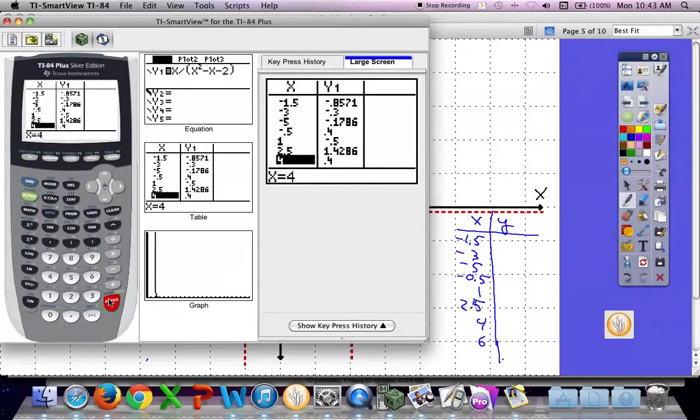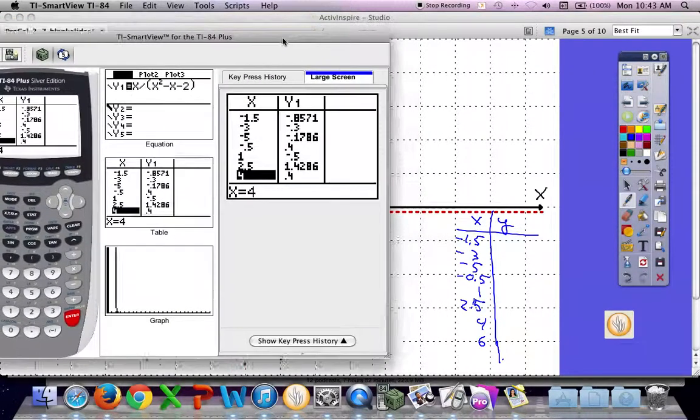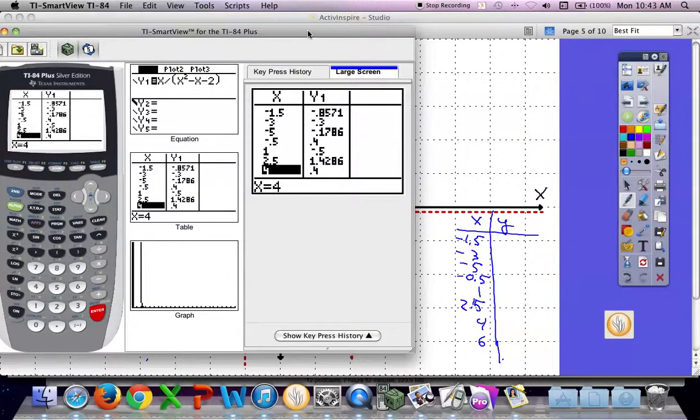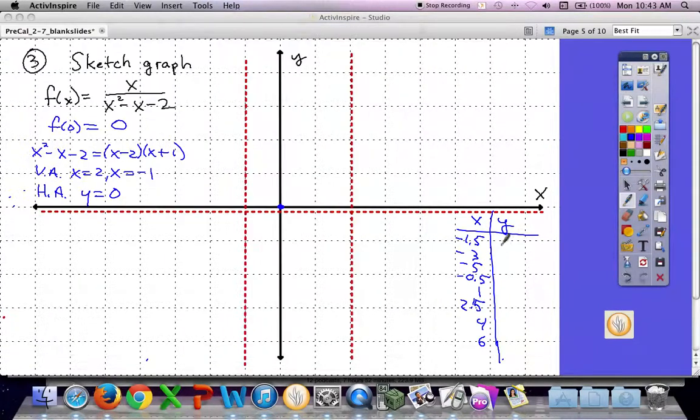Let's do the ones that we can. Negative 1.5 gives negative 0.9. Negative 3 gives negative 0.3.